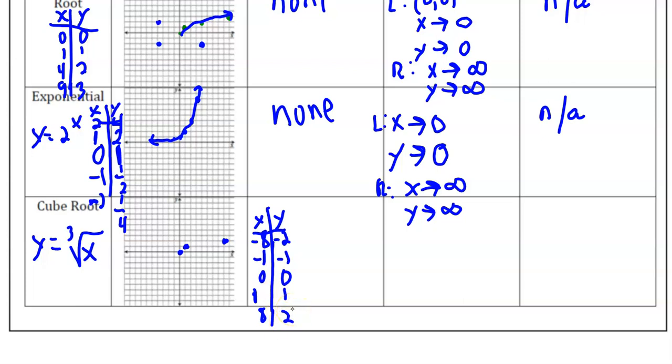And you can see right now this one here is going to have origin symmetry because you look at your ordered pairs, you have negative 8, negative 2, and down here we've got the negation of both those two, so that's going to be origin symmetry.